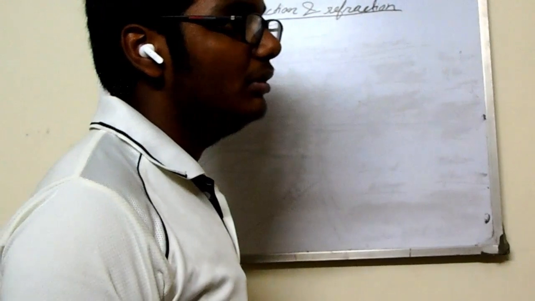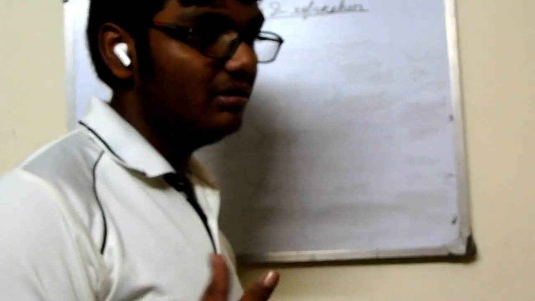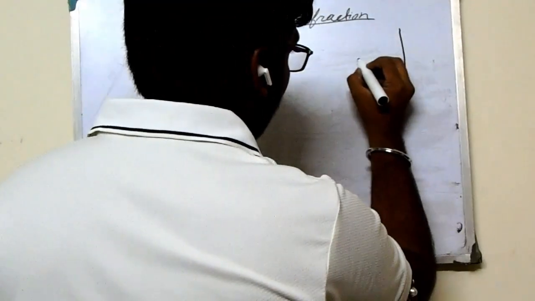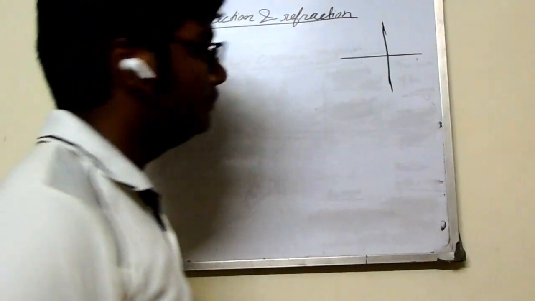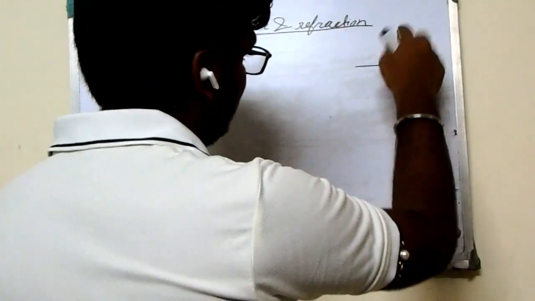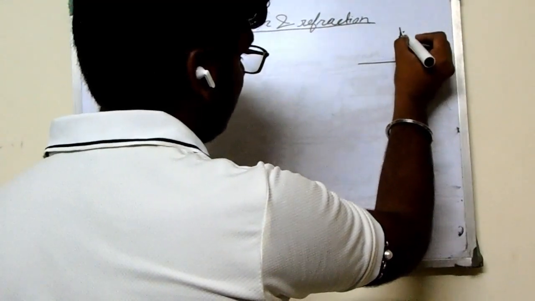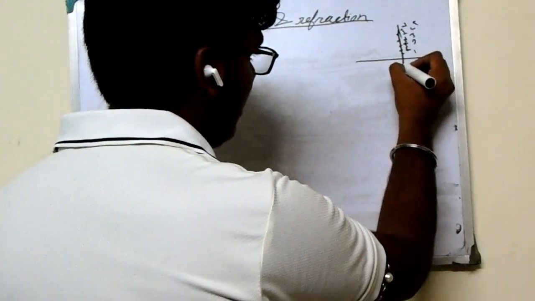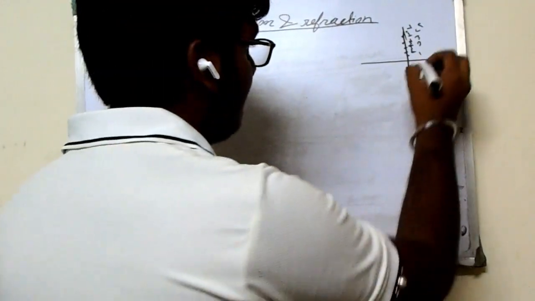First, we know how to make a graph. This one is plus: 1, 2, 3, 4, 5, and on this side minus 1, minus 2, minus 3, like this.